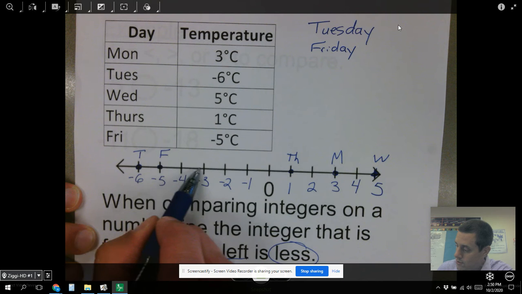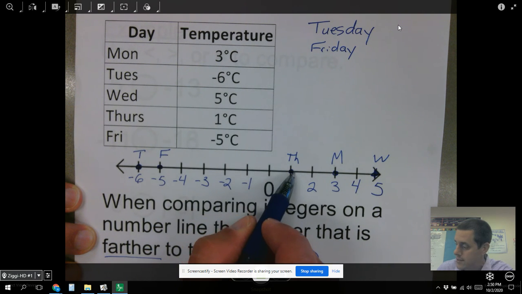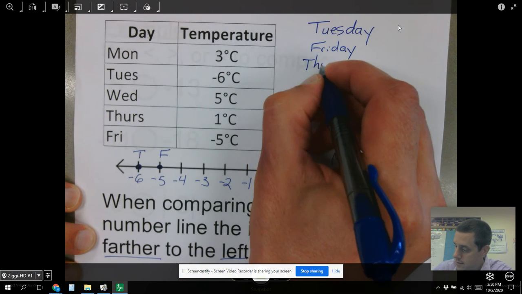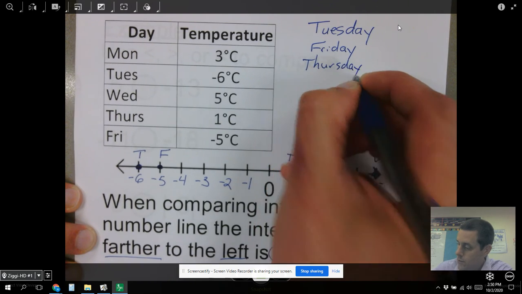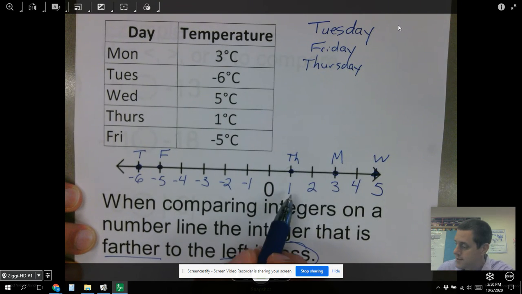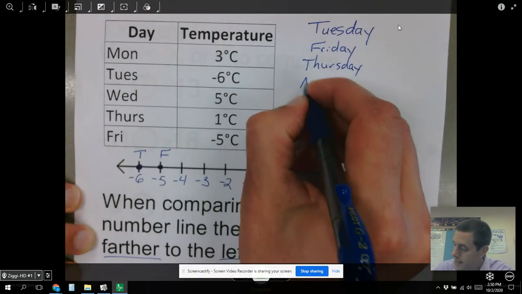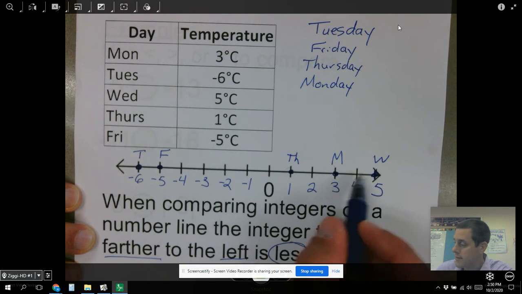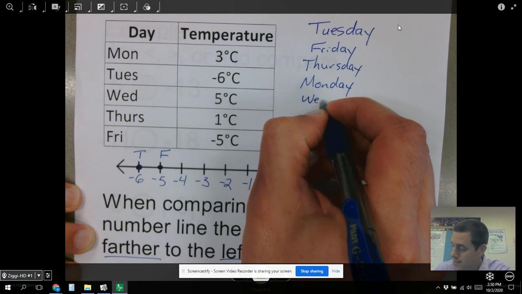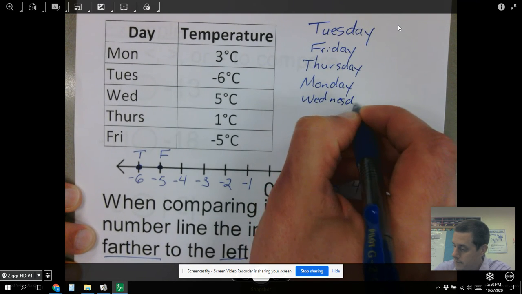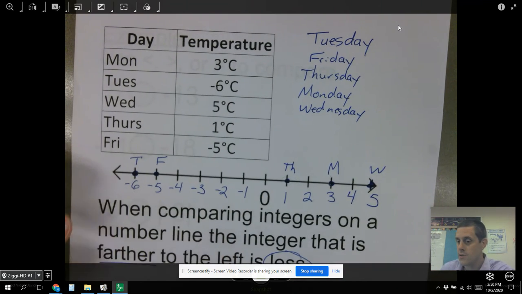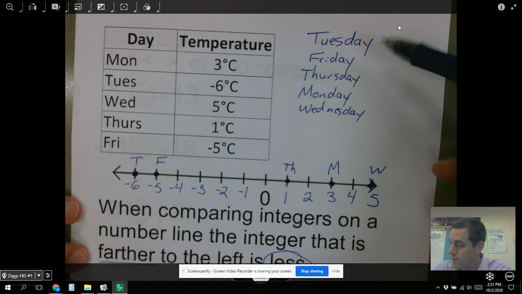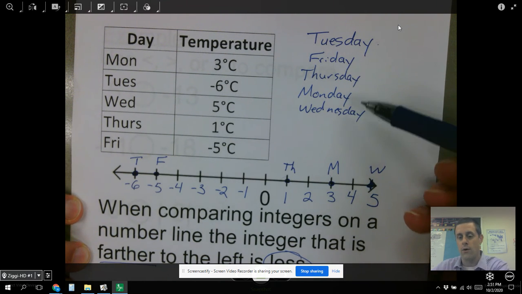And then we continue to move to the right. The next day I run into is Thursday, which had a temperature of positive 1 degree Celsius. Next would be Monday at 3 degrees Celsius. And then the warmest day, Wednesday, at 5 degrees Celsius. So the temperatures from coldest to warmest or least to greatest was Tuesday, Friday, Thursday, Monday, Wednesday.